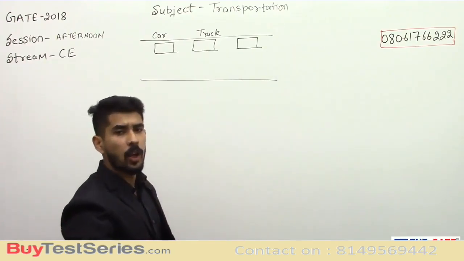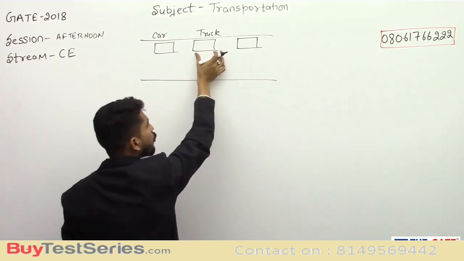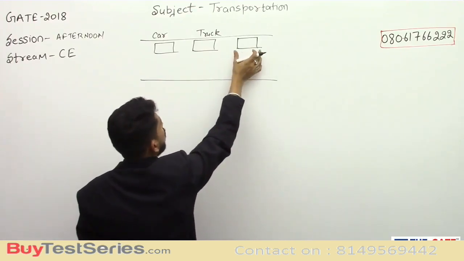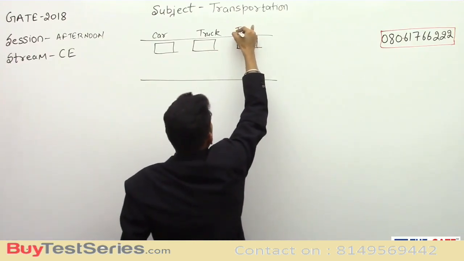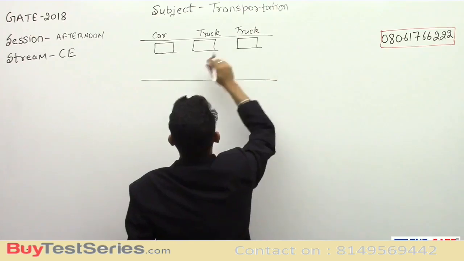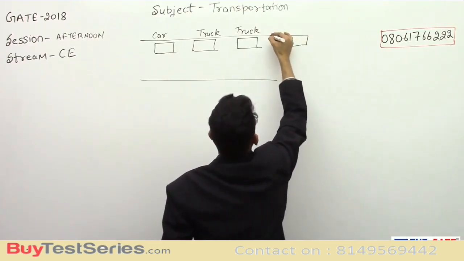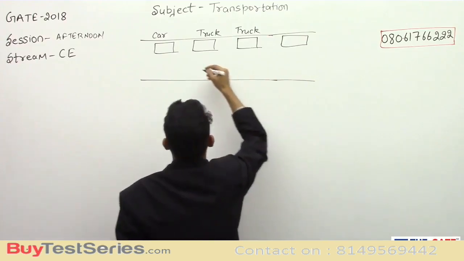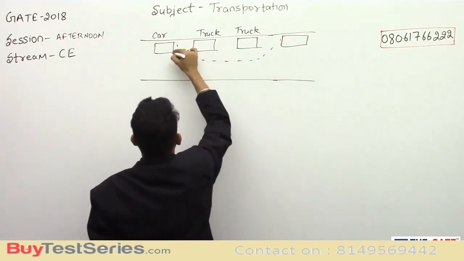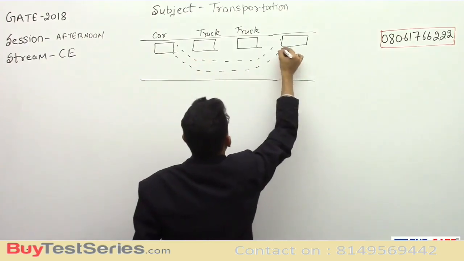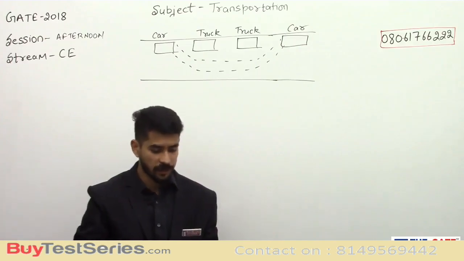And during the overtaking operation, this truck is moving with a velocity. He will also cover some distance. So let us suppose this truck has moved from this position to this position. So this is the truck, and this car has come over here after the overtaking operations. So this particular car has traveled like this.